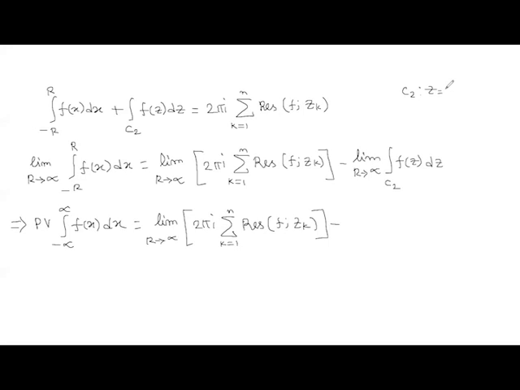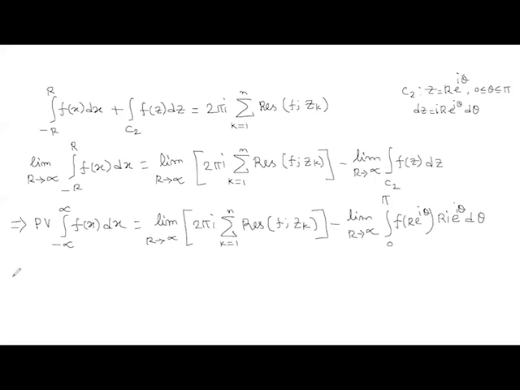So z equals r e^(i theta), where theta varies from 0 to pi, so dz equals i r e^(i theta) d theta. From here we get the integral from 0 to pi of f(r e^(i theta)) times r i e^(i theta) d theta.